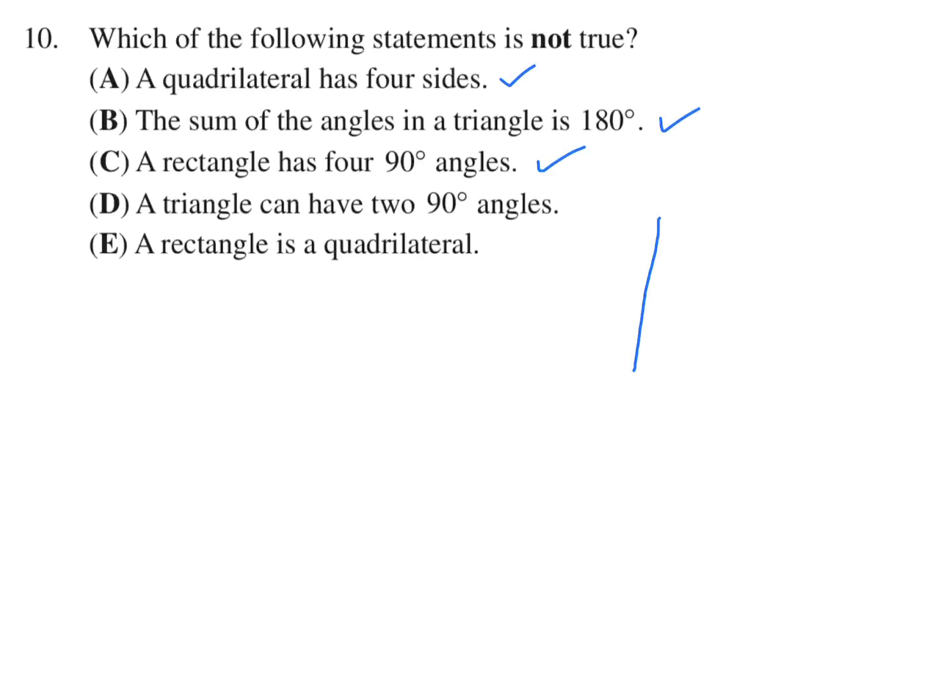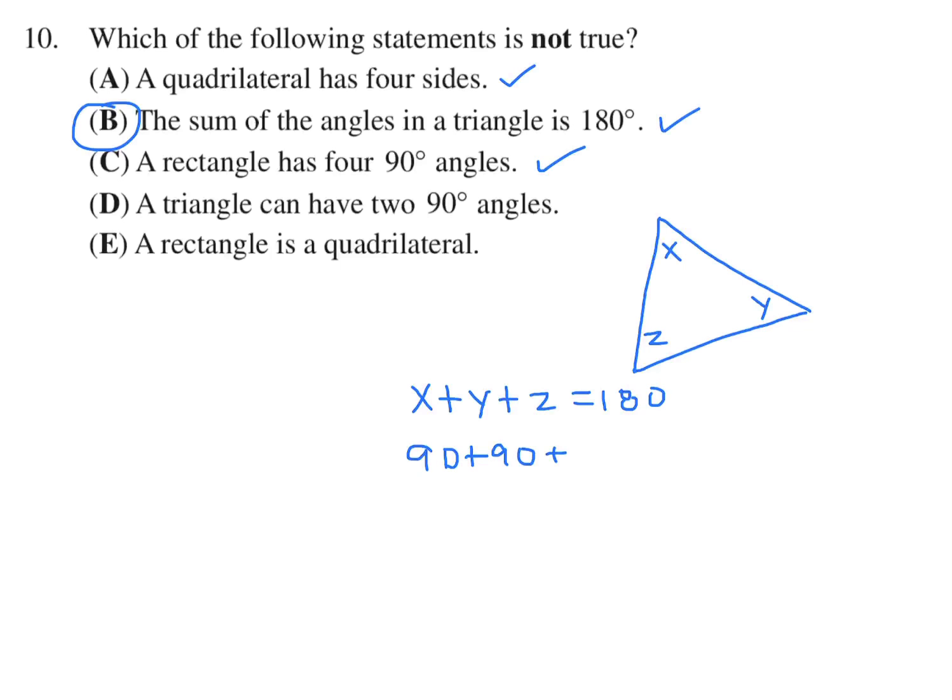Well, if you have a triangle, the sum of the angles is 180, according to B. So if X, Y, and Z equal 180, and 2 of them are 90, that would mean that the third one is equal to 0, right? And you can't have that. You can't have an angle of 0 in a triangle. So obviously D is the one that is not true.